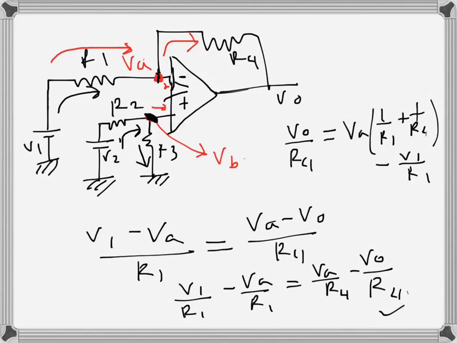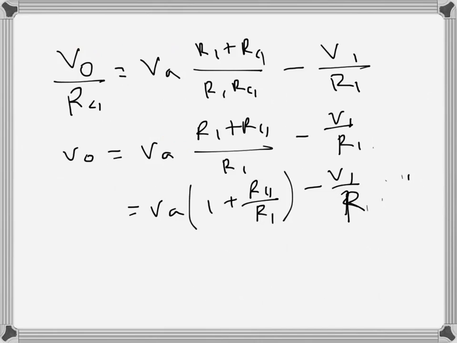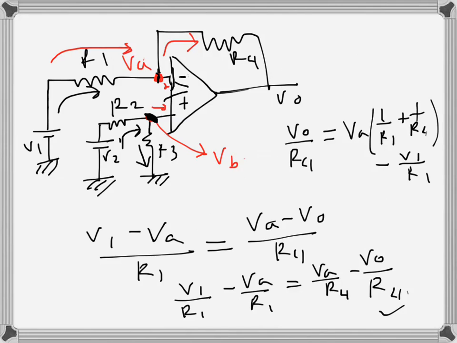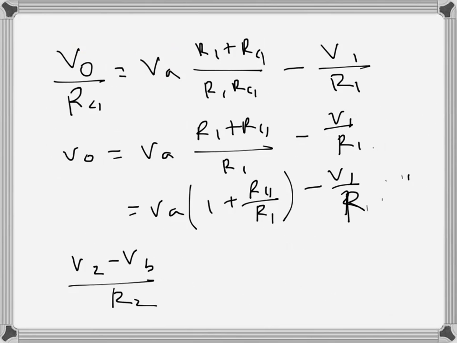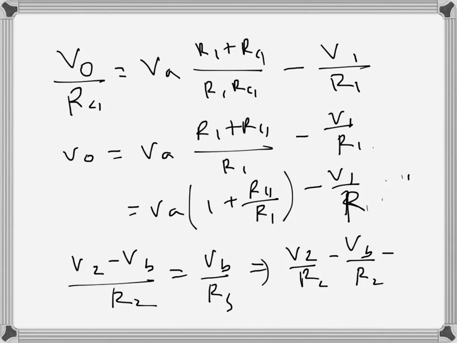So this can be written as V2 minus VB over R2, this resistance, equal to VB over R3, which is the current going down.